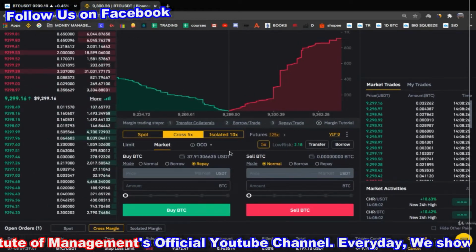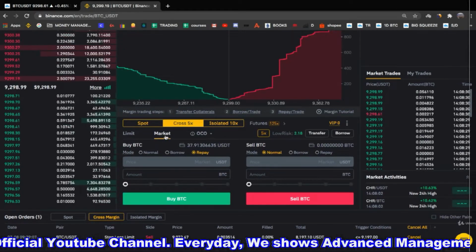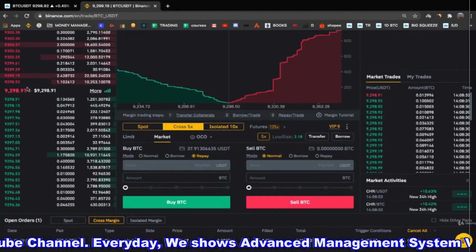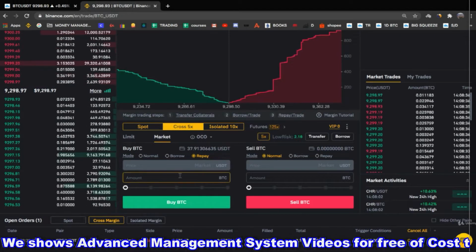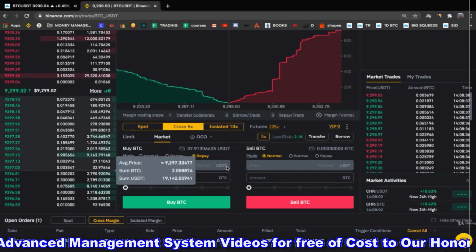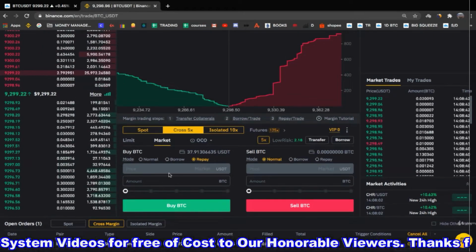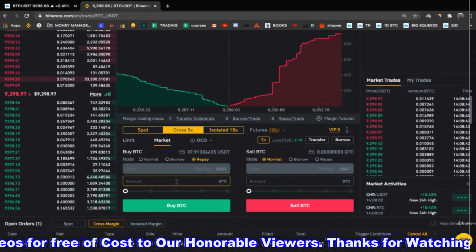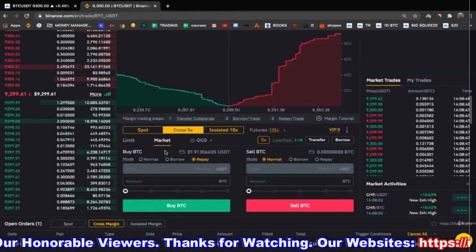So let's start with the market order. The market order, that's why it's called market, is executed at the current market price. When you want to buy fast and you don't want to wait, you simply use a market order, and it will buy the amount that you want at the current market price and will be executed right away.